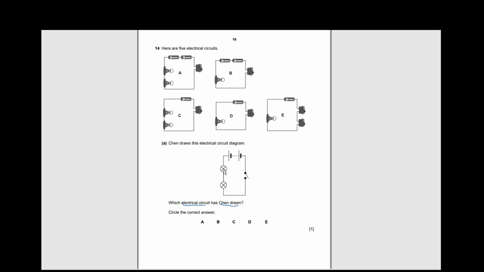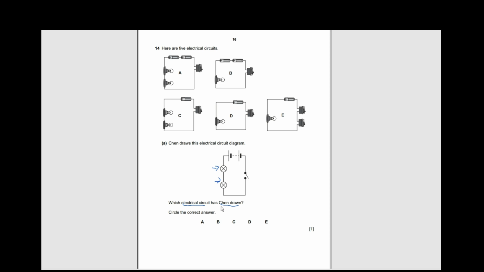Why am I saying series? Because these two bulbs are connected in series. They are not parallel, meaning they are not opposite to each other. They're connected with the wires passing through them directly, so they're not facing each other oppositely.